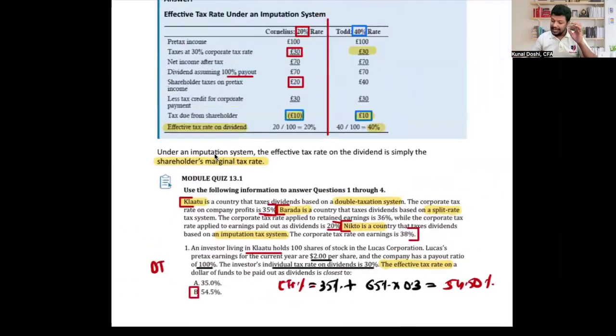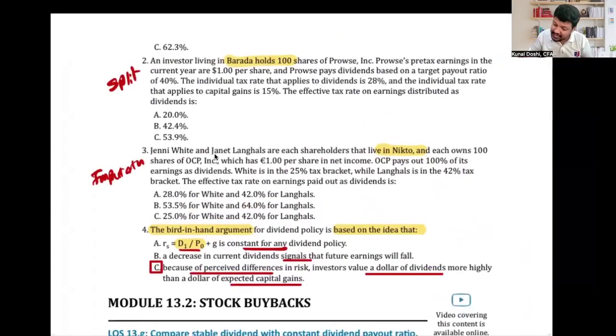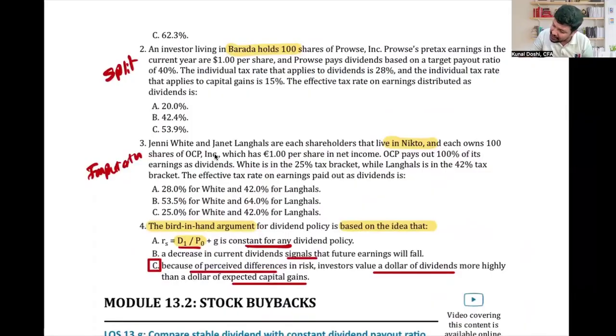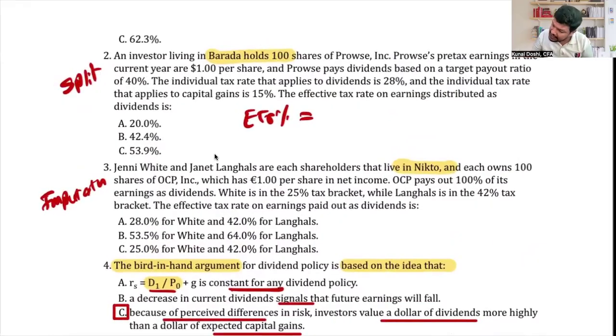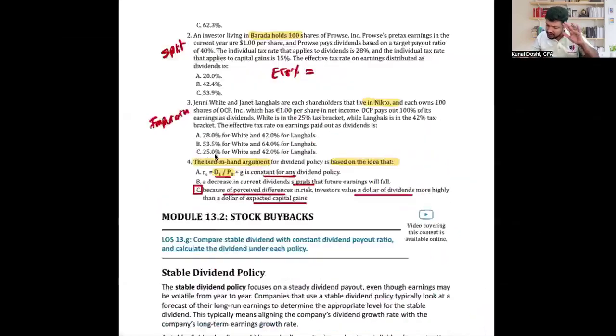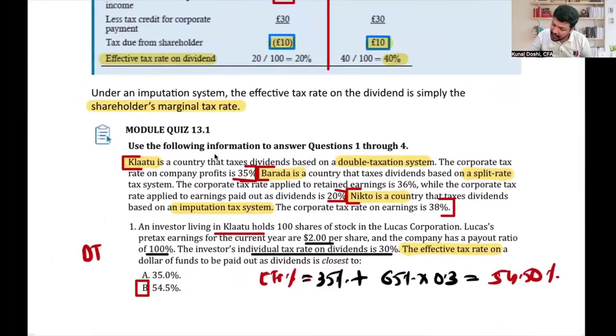Yes. Okay. Now see, in the split system also the formula is the same. There's no change in the formula. The effective tax rate is going to be the corporate tax rate, but now the corporate tax rate might be different if the company is going to pay out dividends. They said pre-tax earnings. Okay, first we will read. Barada is a country that taxes dividends based on split. The corporate tax rate applied to retained earnings is 36, we don't need this.